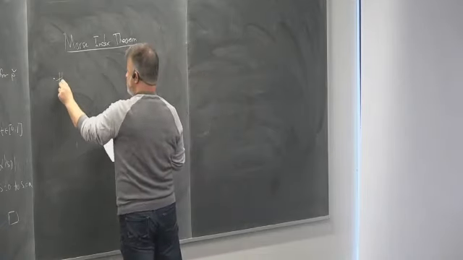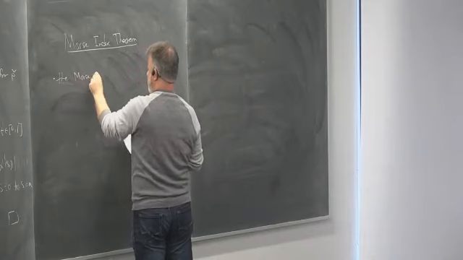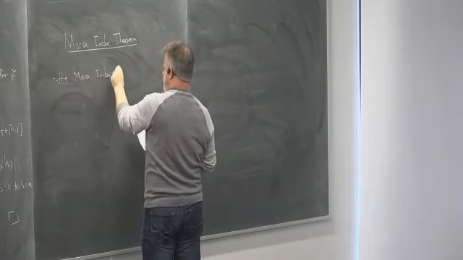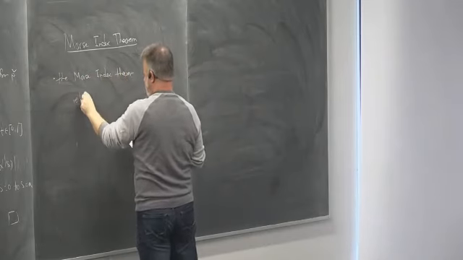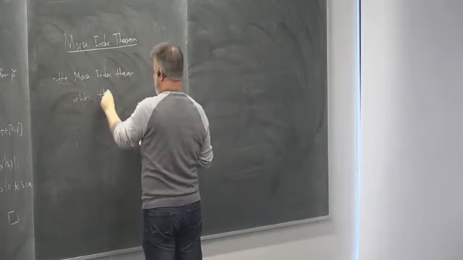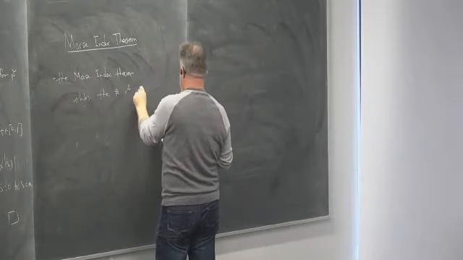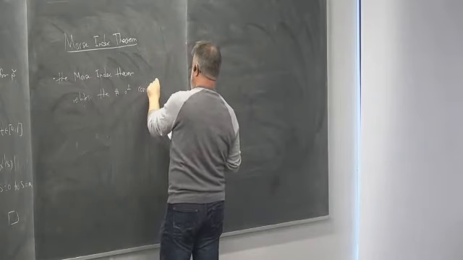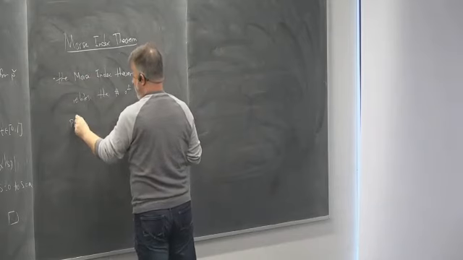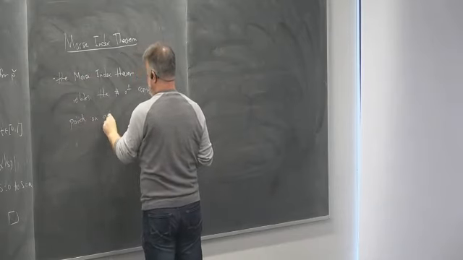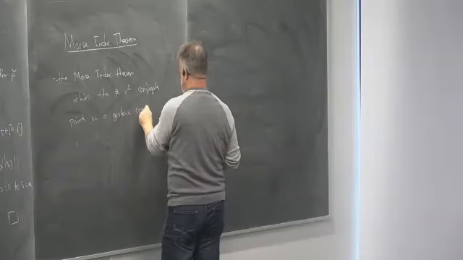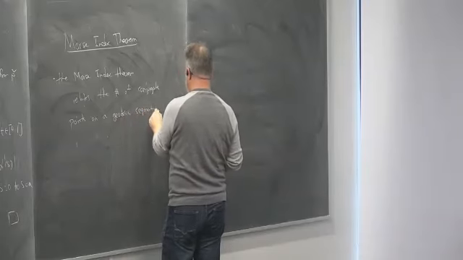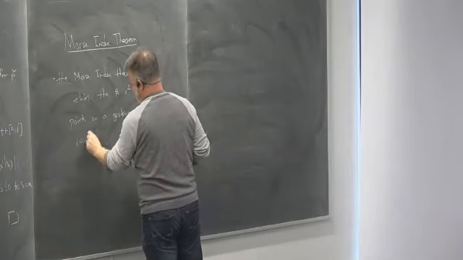So the Morse index theorem relates the number of conjugate points on a geodesic segment counted with multiplicities.